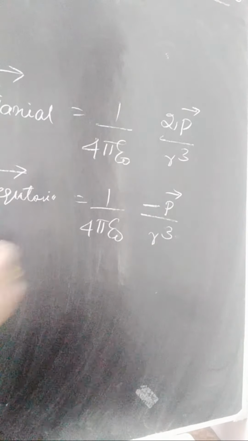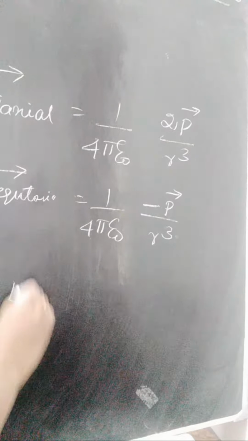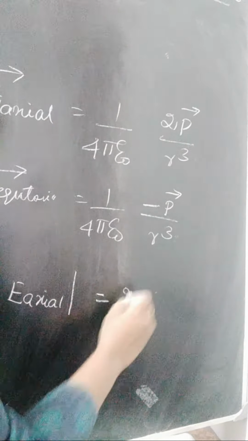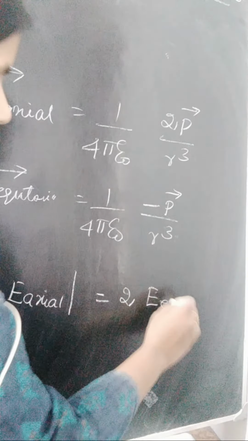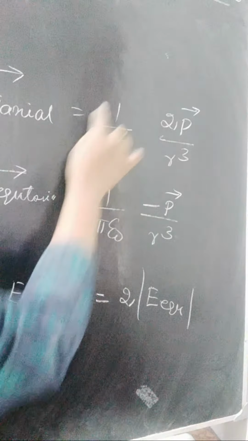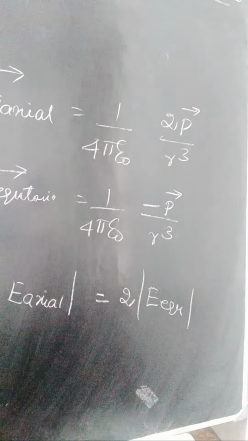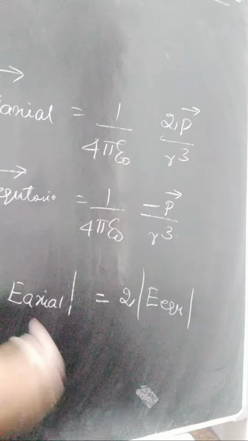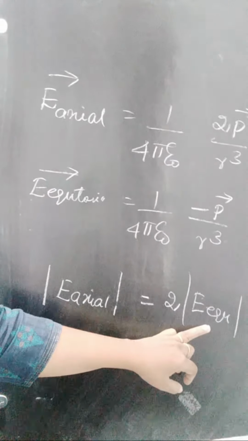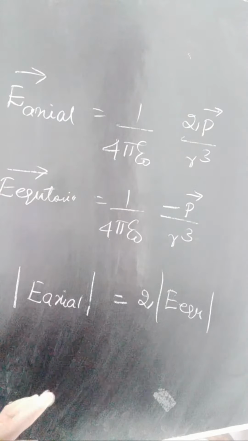If you compare the magnitudes, shall I write E axial is double of E equatorial? If I am taking 2 common, I am talking about magnitude, not plus or minus. So E axial will be double of the E equatorial, or E equatorial will be half of the E axial, right?